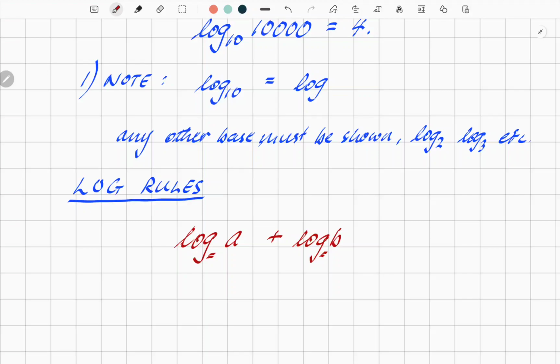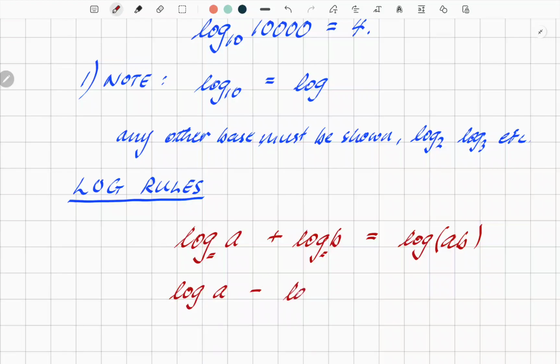As long as the logs are of the same base, then you can combine one log plus another log into the product of the two numbers. So log A plus log B is the same as log of A times B. Okay? Combined. Does that make sense? Yeah?